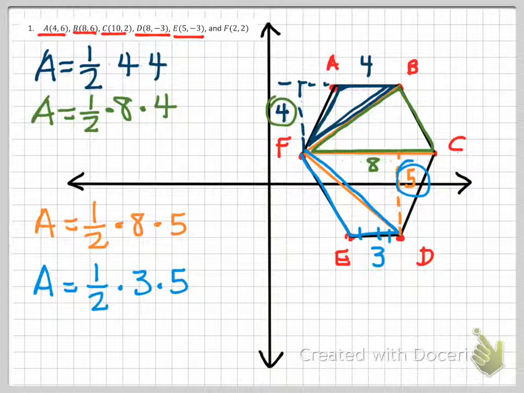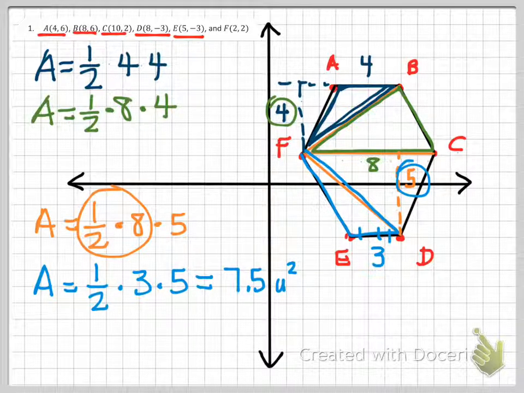So let's start with this one down here because I've already got this color. 3 times 5 is 15. Half of 15, 7.5 square units. Let's go to orange. The orange, I can find out what half of 8 is. I know half of 8 is 4, and 4 times 5 is 20. So that's 20 square units.